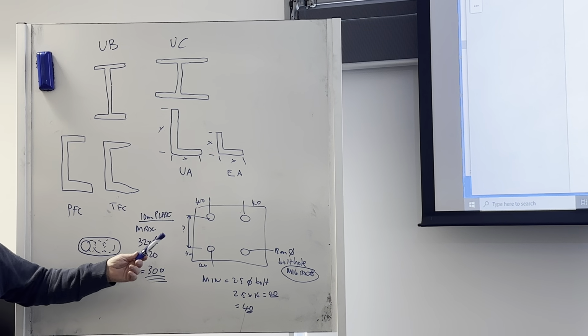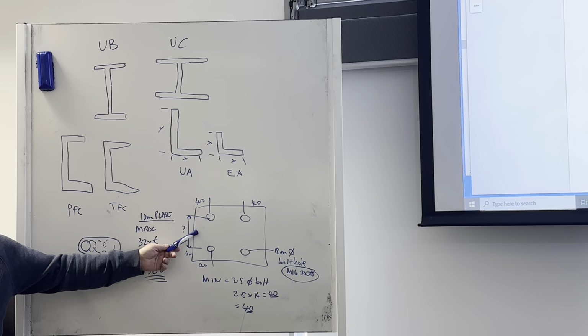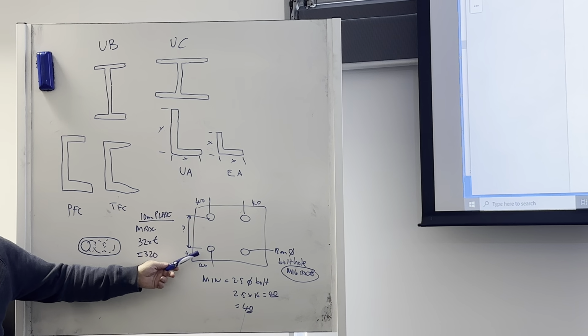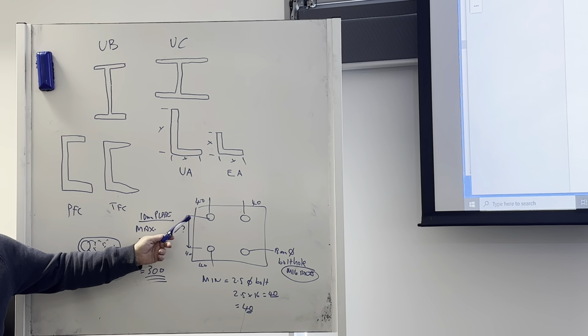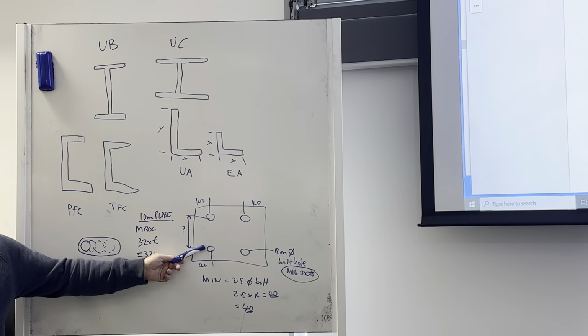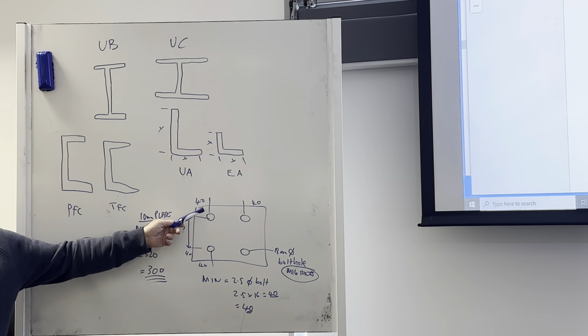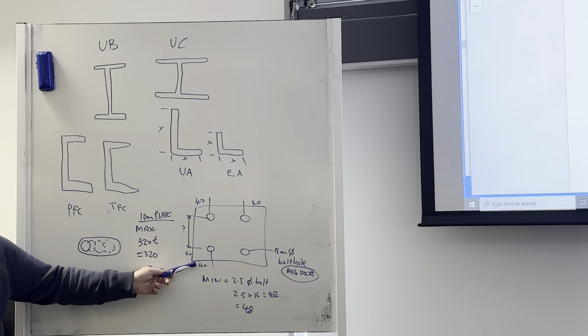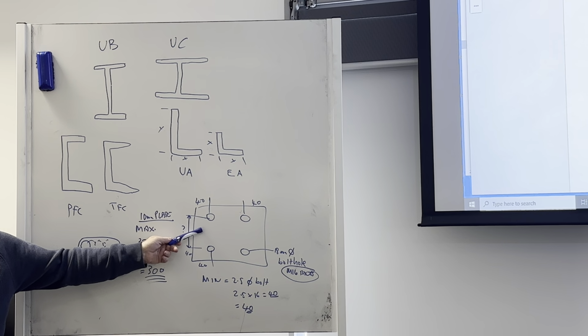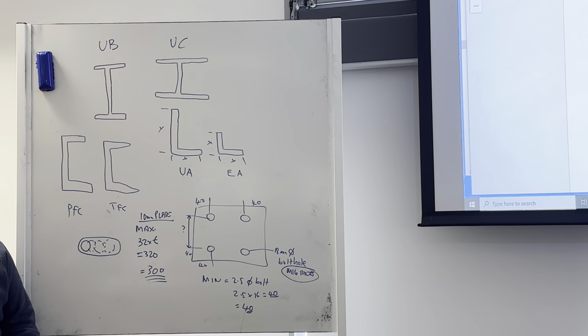But if that was 400, you would have to put another hole in, or you move these bolts down by 10 mil. So you'd end up with 40 on there, 50 on there, 50 on here, and 300. 50's fine. It's just that you start by trying to get it to the minimum first.